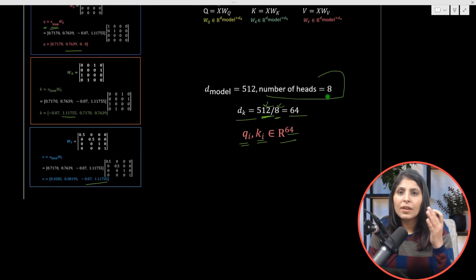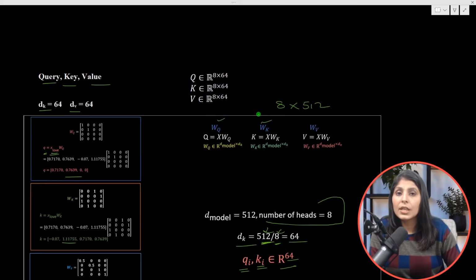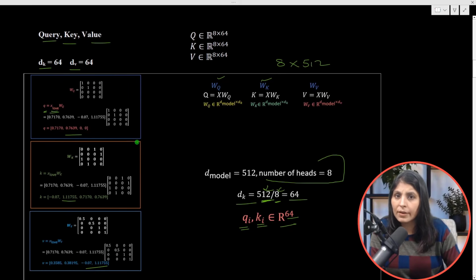If the number of heads is 8, that means 8 separate self attention tasks, and they are getting computed parallelly. In each self attention, we are calculating query, key, and value vector for each token. So the process which I explained over here is happening 8 times because the number of heads is 8.